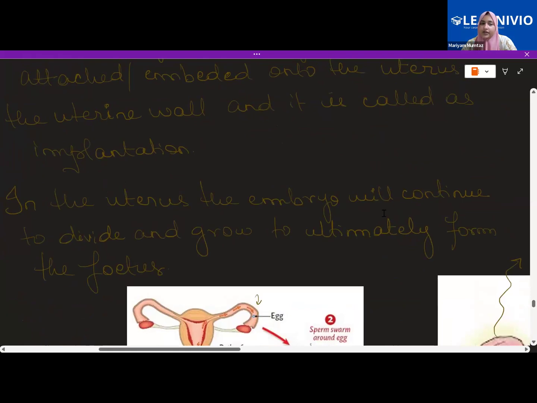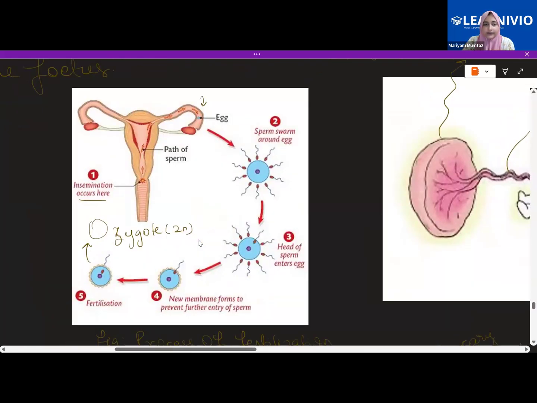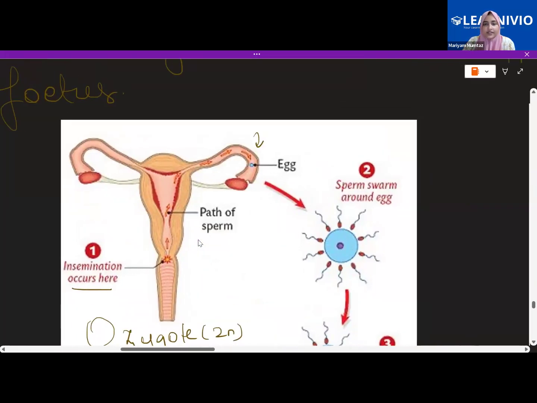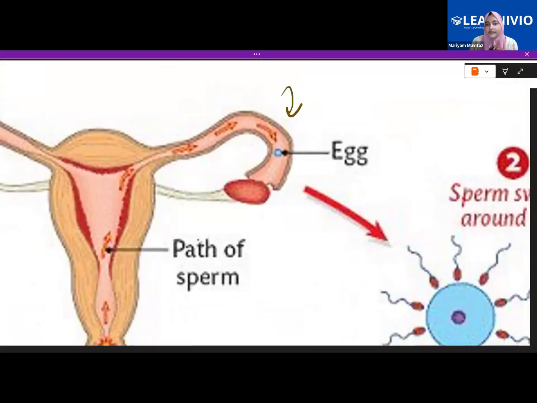So in the uterus, the embryo will continue to divide, and slowly with time it will start forming organs. It will start forming the whole entire individual. So if you see over here, this is how it happens. This is the egg that is released from the ovary, and it is in the fallopian tube.